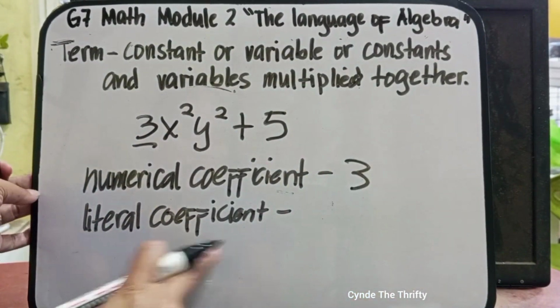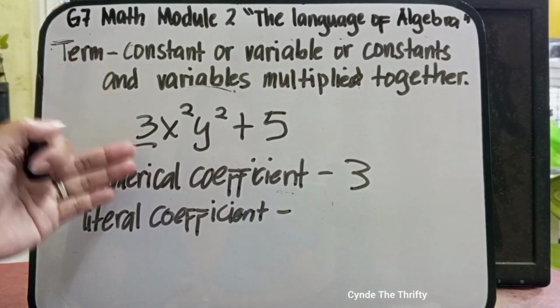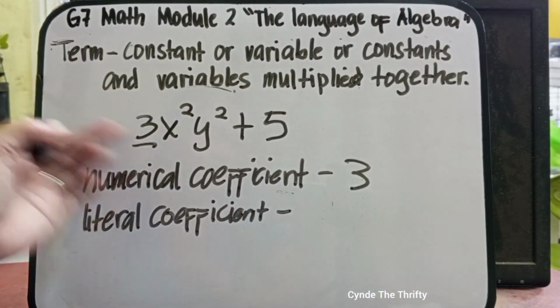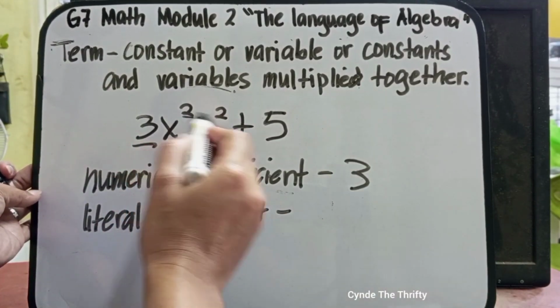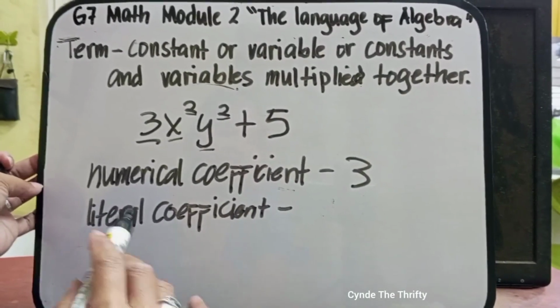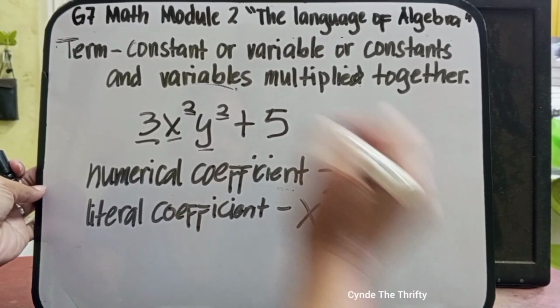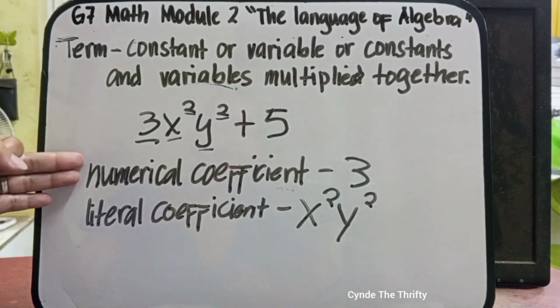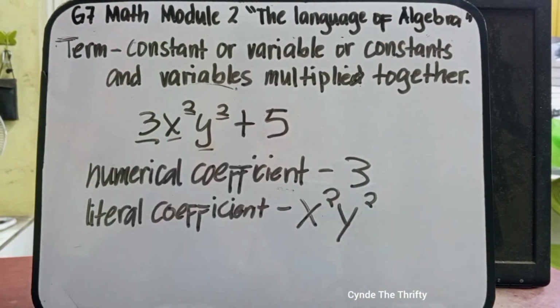And then, ang literal coefficient is consist of variables and exponents. So, saan yung variables natin dito? Ito yung ating variables and this is our exponent. So, ibig sabihin, ang ating literal coefficient is x squared, y squared. Ayan. So, numerical coefficient natin is 3 and ang ating literal coefficient is x squared, y squared.